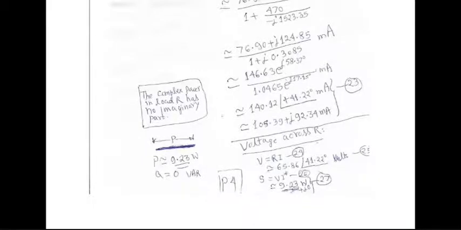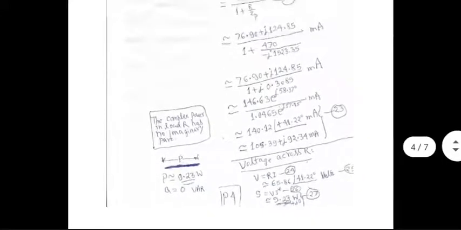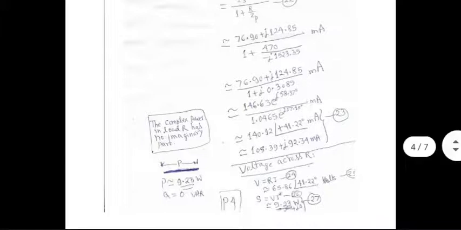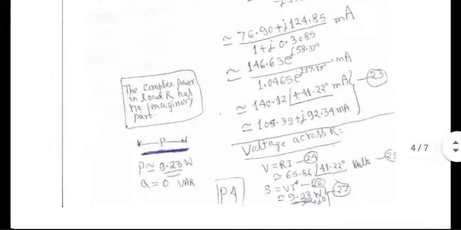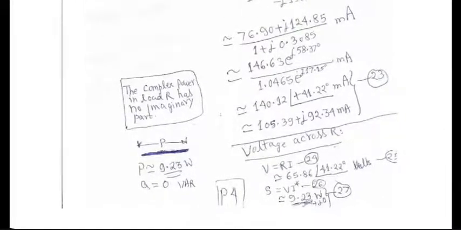The voltage across the load will simply be current I multiplied by R. Complex value, I know, but there is no phase shift between them. V is Ri. V has the same phase angle that I has. So if you take V into I complex conjugate, the angles disappear. They cancel each other.